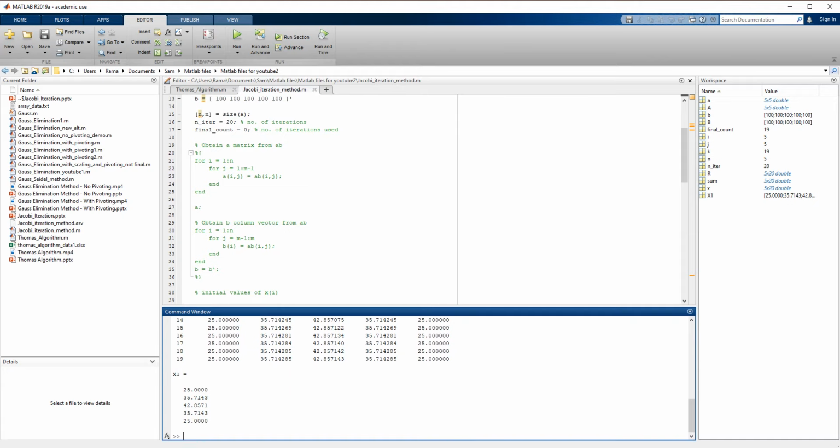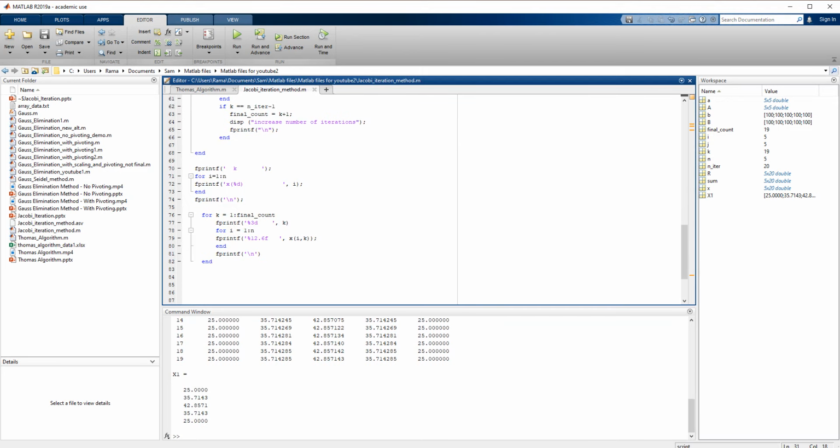So when I try to use the Matlab built-in function to solve this same set of equations, I get these values as x, and they are pretty close to what we obtained using the Jacobi Iteration Method.